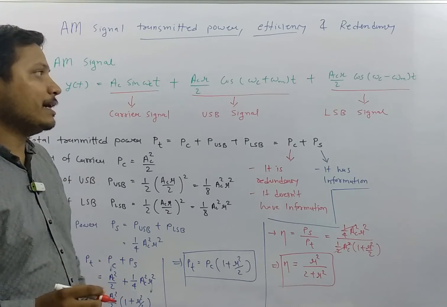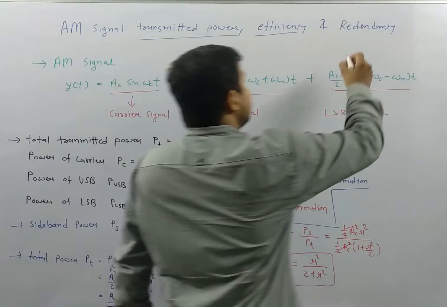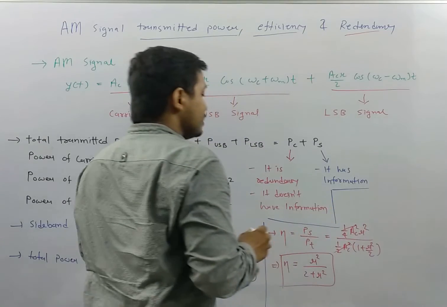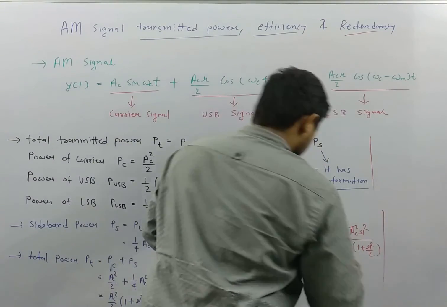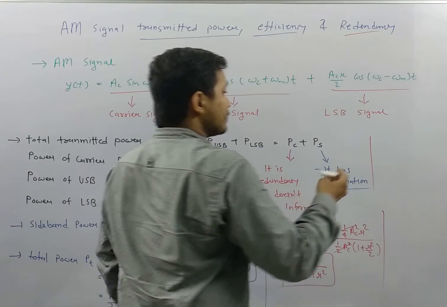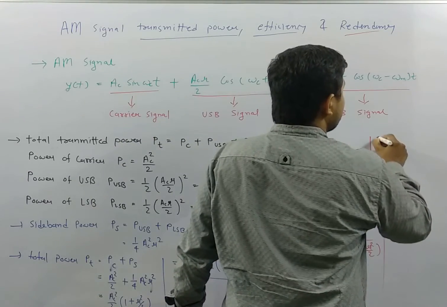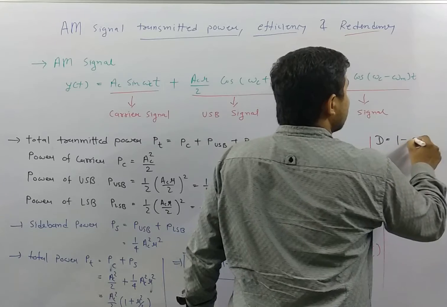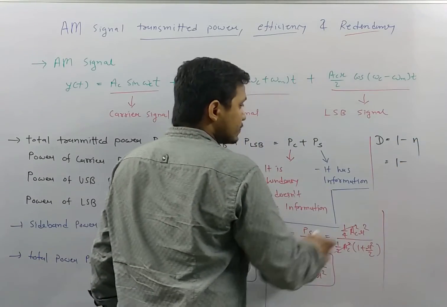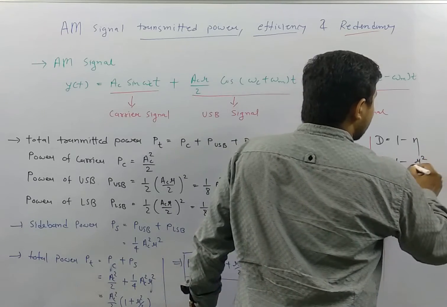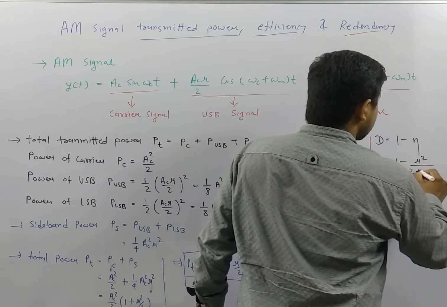Now the third category, that is redundancy. So let us calculate redundancy. To calculate redundancy, that is 1 minus efficiency. So 1 minus efficiency, that is 1 minus mu square divided by 2 plus mu square.